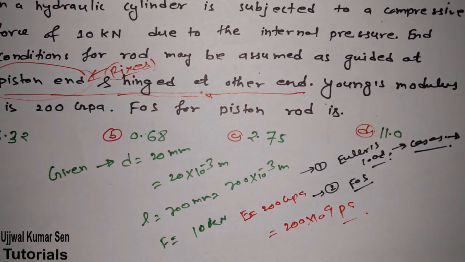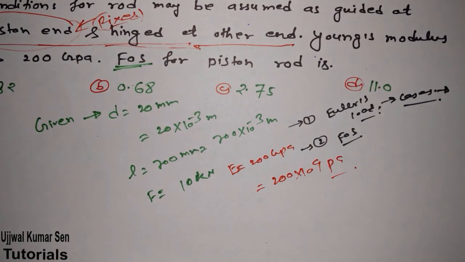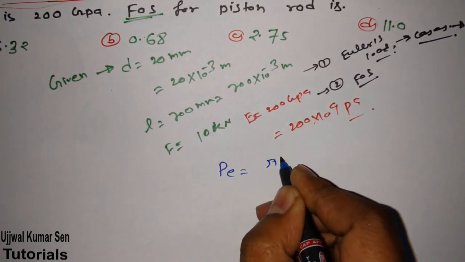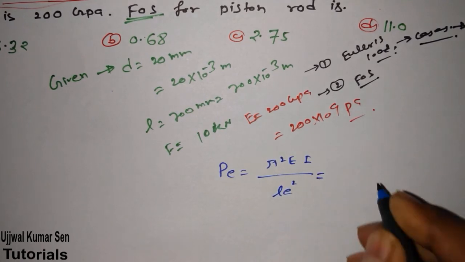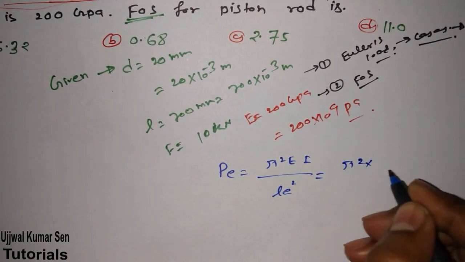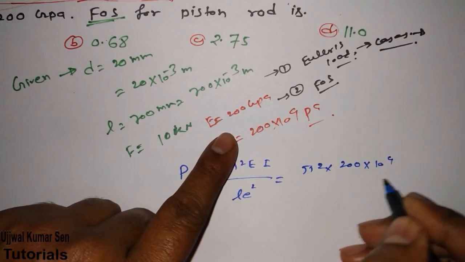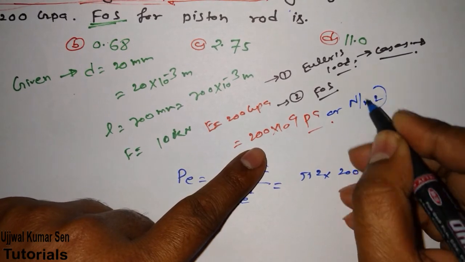Now what they ask basically is to find out the factor of safety. I have already shared with you all the formulas, right? Now we just have to write the formula, that is load is equal to pi square EI by Le square. Pi square is this, E is 200 multiplied by 10 to the power 9 Pascal, meaning Newton per meter square.